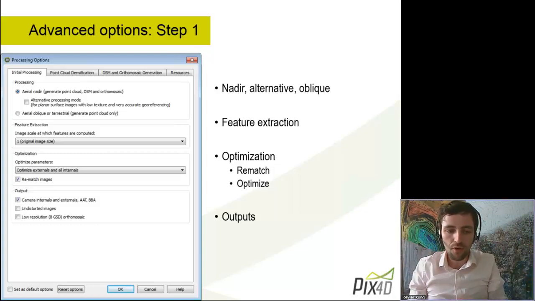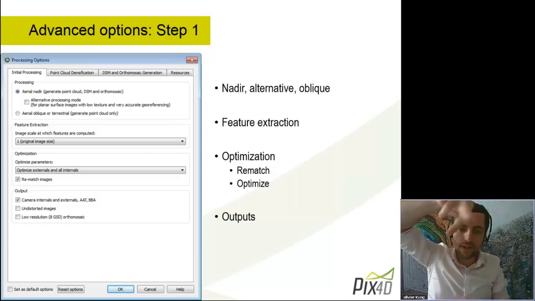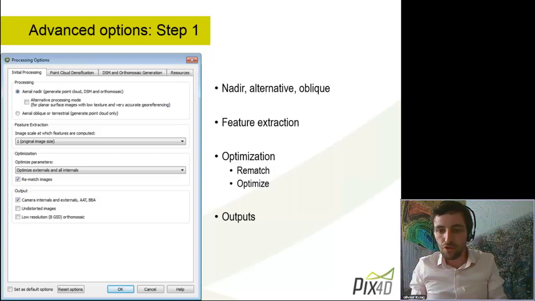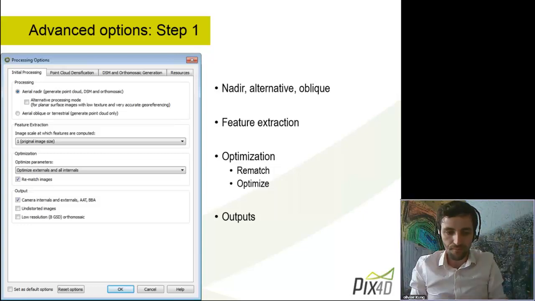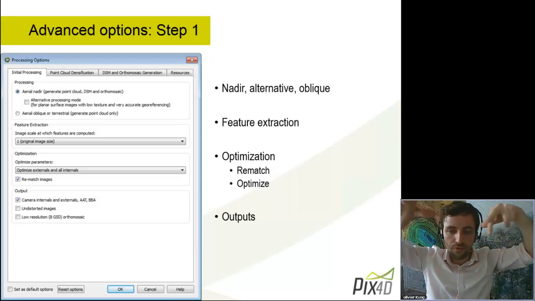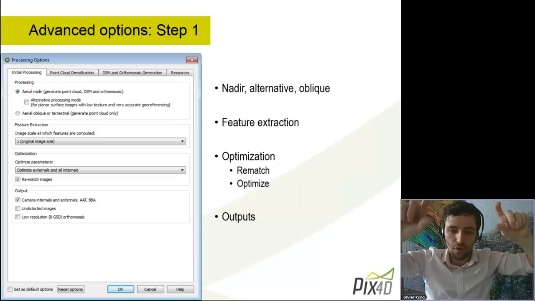This is usually what we call external and internal. External is the position of the camera and its orientation, and internal are the parameters such as focal length and lens distortion. By default, the software is going to try to optimize all the externals, meaning the position, as well as the internals, meaning the focal length.